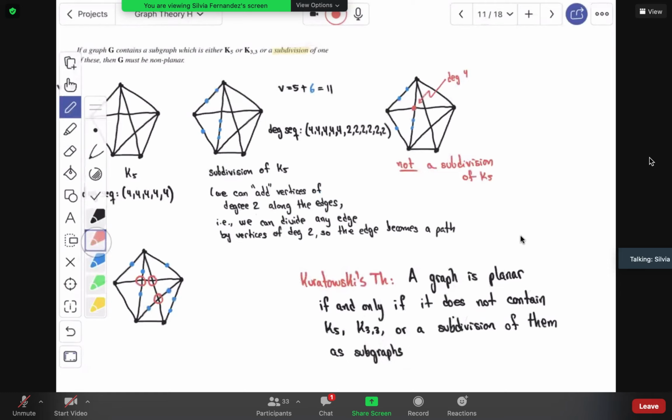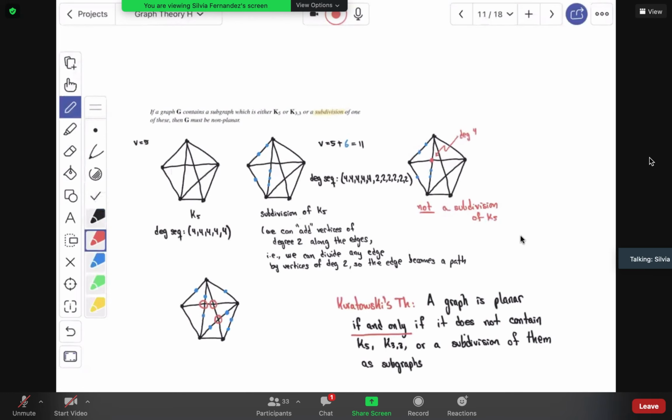And the important thing here is that this is an if and only if. I mean, clearly, we already proved that K5 and K33 are non-planar, right? In different ways, different techniques for each one. But we already proved that they're non-planar.